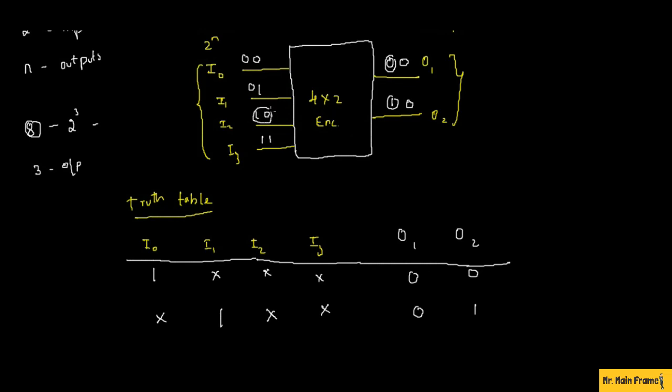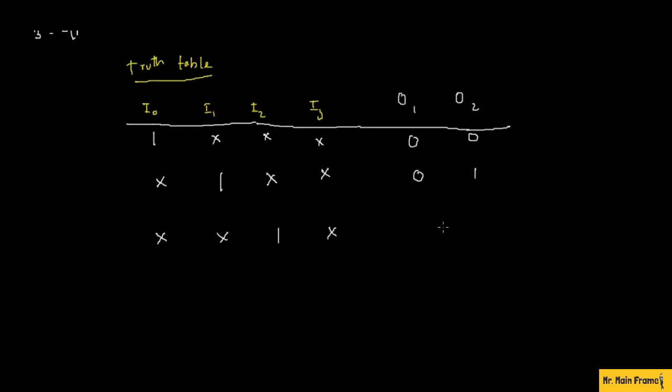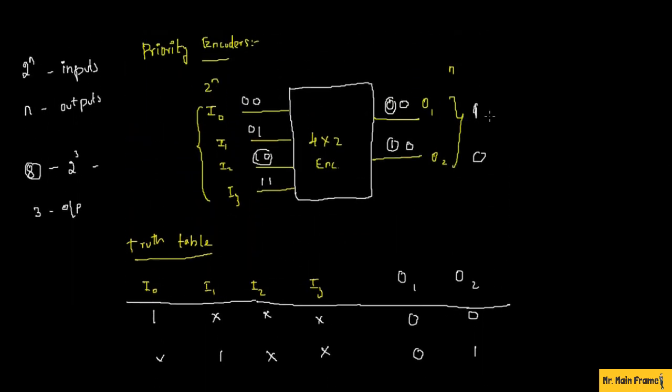That 1 0 will be carried by O1 and O2. So O1 will be carrying 1 and O2 will be carrying 0, right? And you can simply put don't care for the other terms, and now I3 is enabled, right? I3 is carrying the data 1 1, right? That 1 1 is being transmitted to the output lines. The output lines O1 will be carrying 1 and O2 will be carrying 1. So we can come back to this.